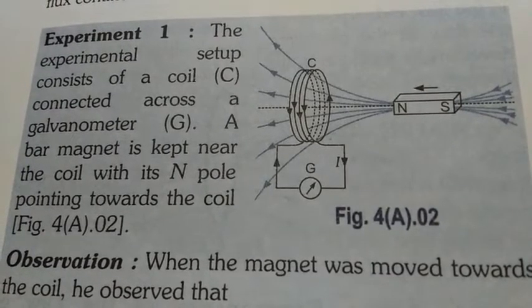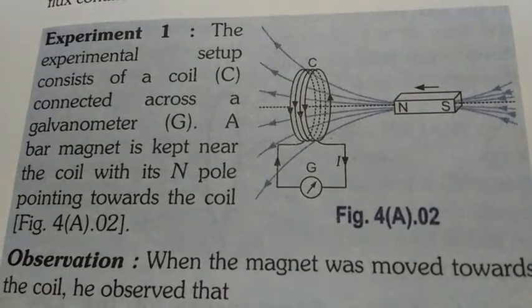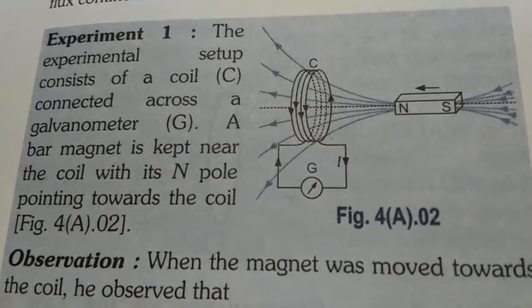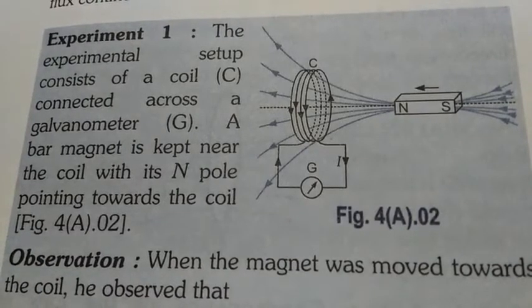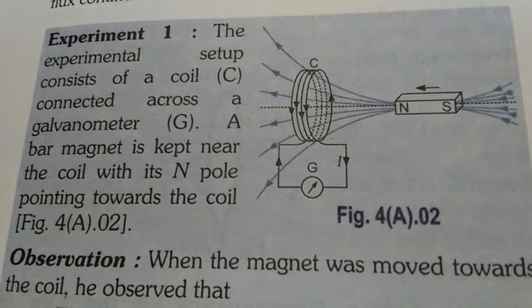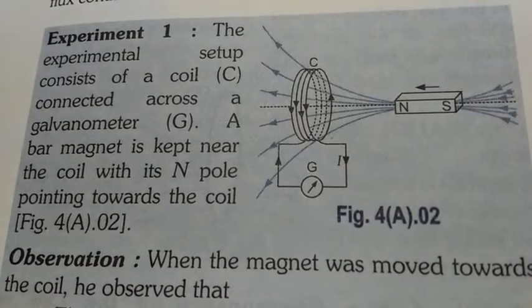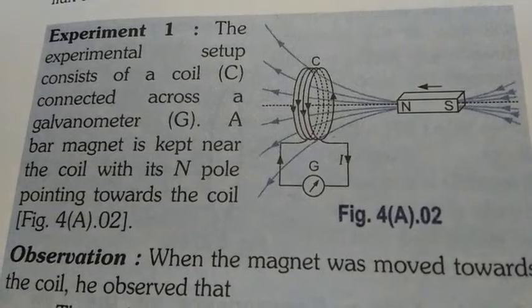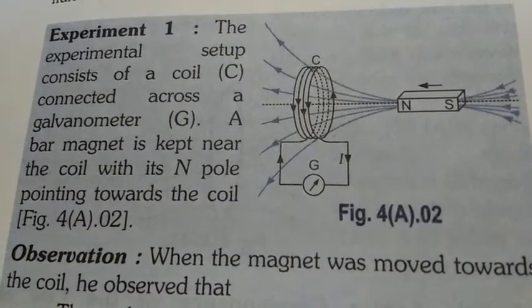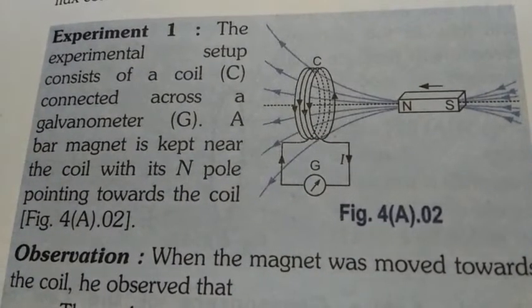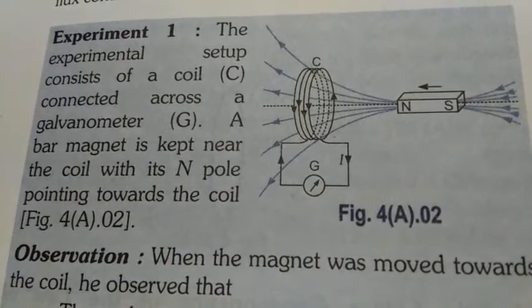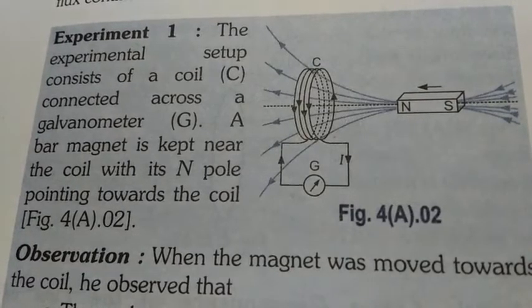And if the change is in the opposite direction, the current changes its direction. So by changing the motion of the magnet, we can change the direction of current, and this current lasts only till there is a change in magnetic flux. If magnetic flux stops changing, the current also disappears.